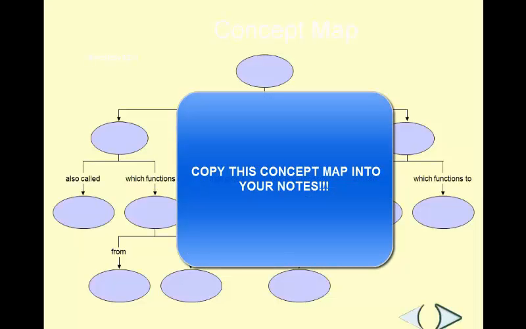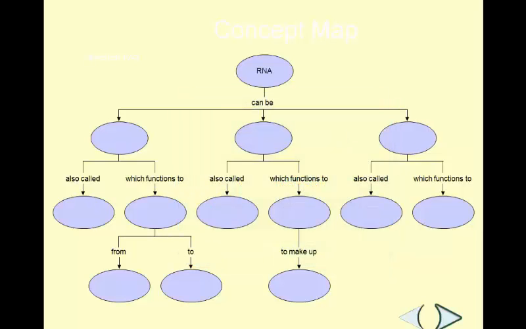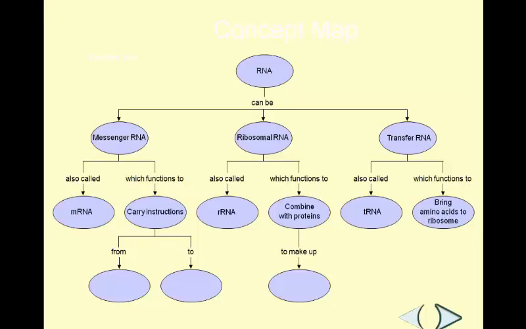So here's just a concept map that might help you, and it would be good to add these into your notes. We have RNA can be three different types. So if you remember, we have messenger RNA, ribosomal RNA, and transfer RNA. The messenger RNA can also be called mRNA, and it functions to carry instructions. So remember, it carries instructions from DNA to the ribosomes.